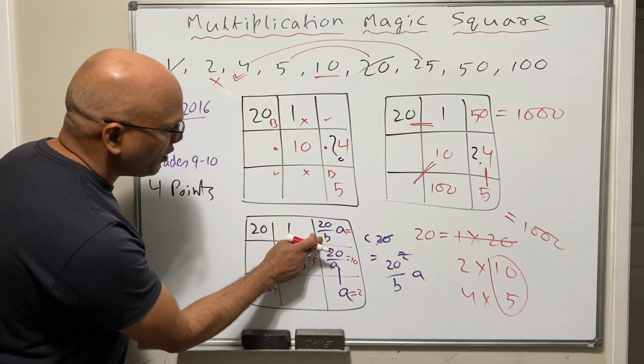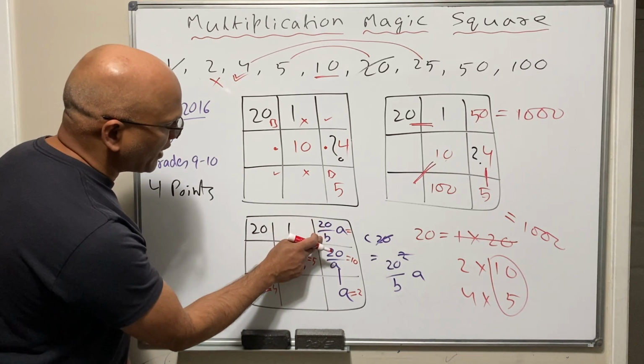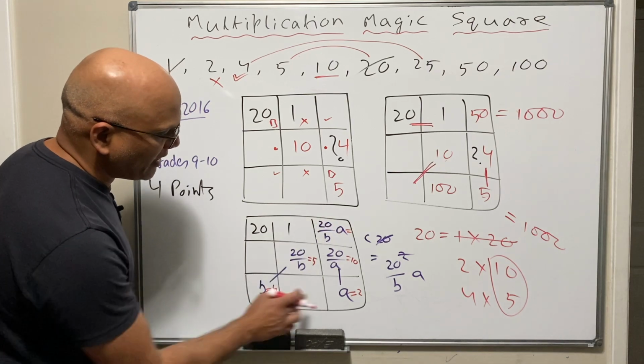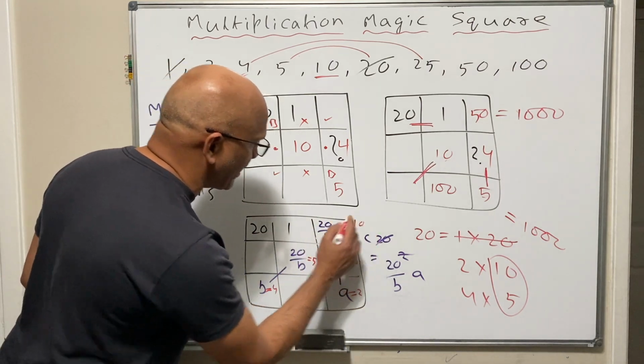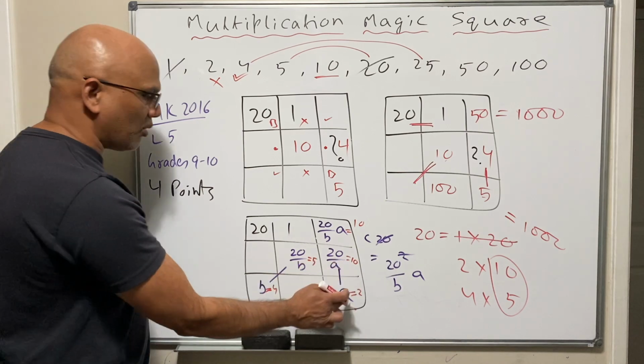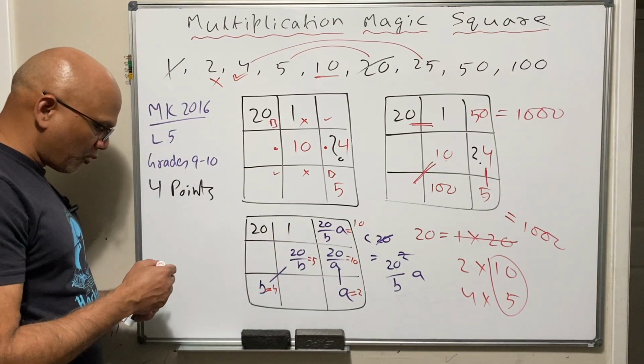Sorry, B is 4. So 20 by 4 is 5 times A, which is 2, 5 times 2 is 10, so this is going to be 10. But 10 is already taken, right? So this combination is not going to work.